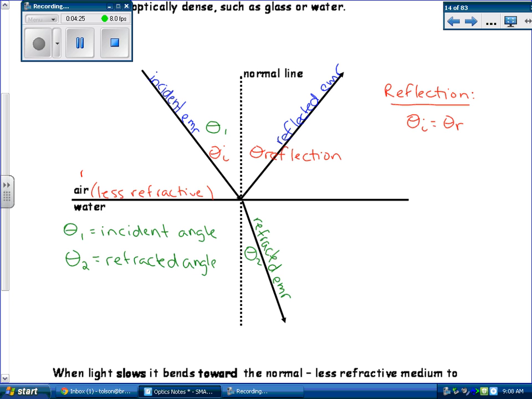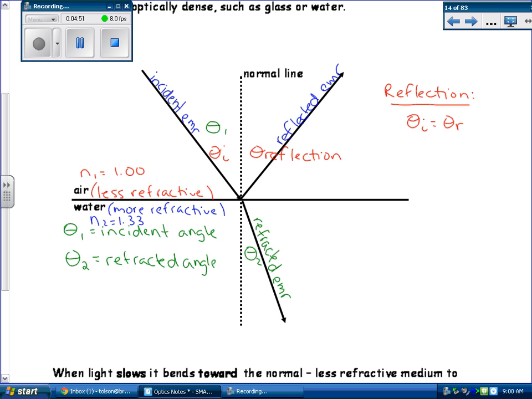It has a refractive index of 1.00. That's on your formula sheet. Water, and we'll talk about what a refractive index is in a minute. Water is more refractive, which means it causes a greater bending of light than air does. It has a refractive index of 1.33.